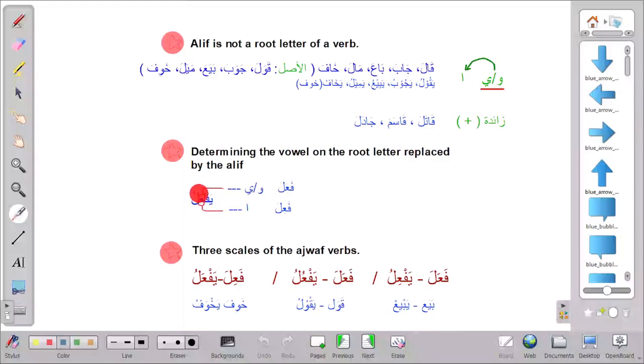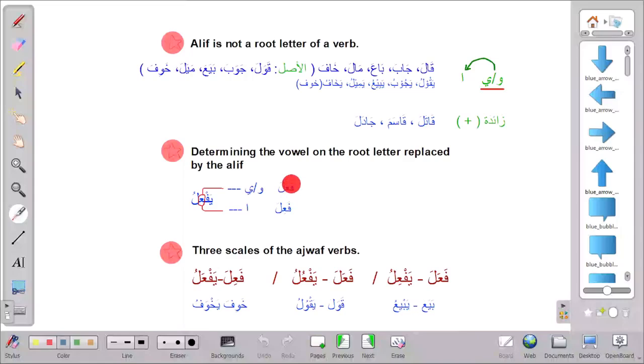But if the second last letter is alif, like here, yakhafu, you see the second last letter is alif, then meaning that the replaced letter, as I said, you go to the masdar and check, and that will be the waw, khawf, which is having waw. So the replaced letter, the waw here in the madi, is having kesra. So khawifa. That's why here is khawifa, but here is mayala, not mayila. I hope that is clear.